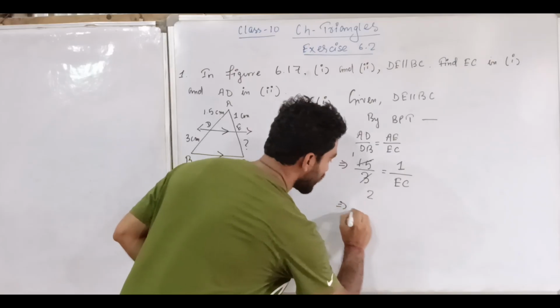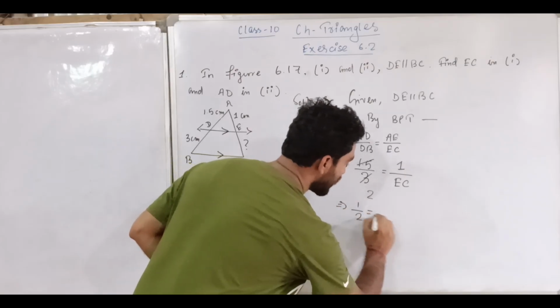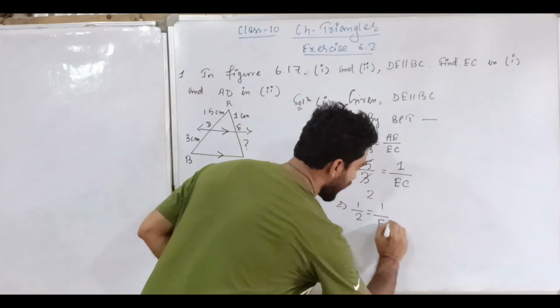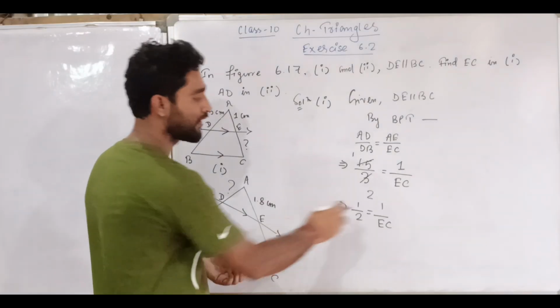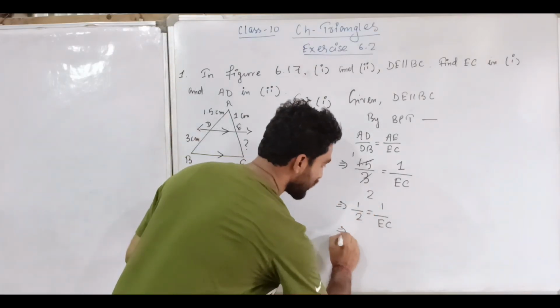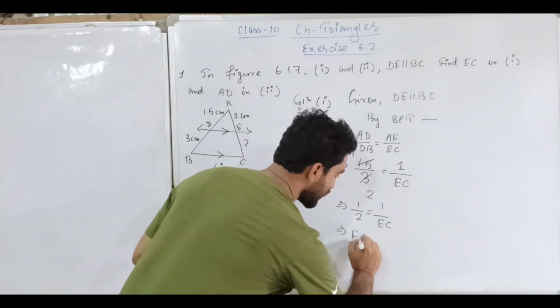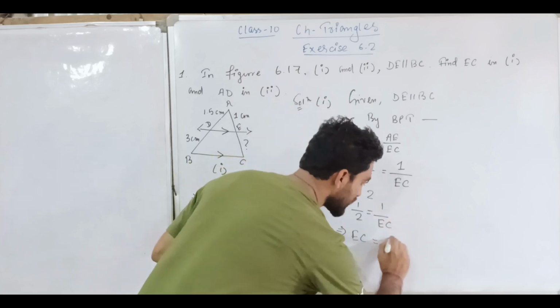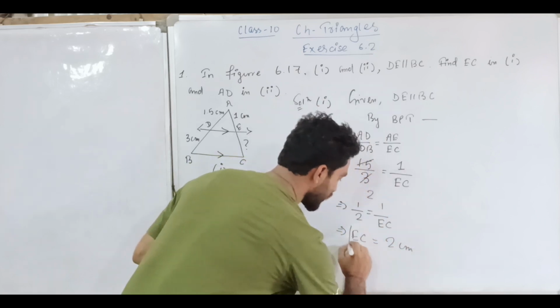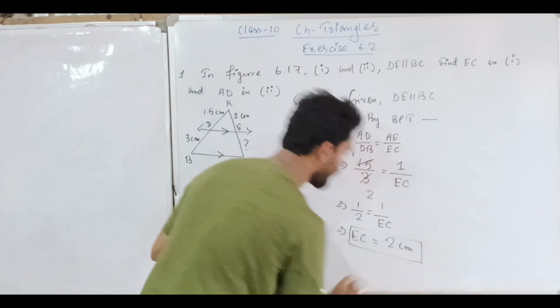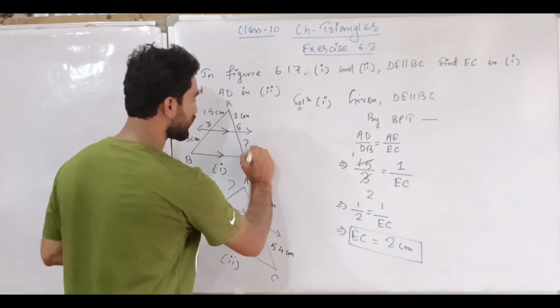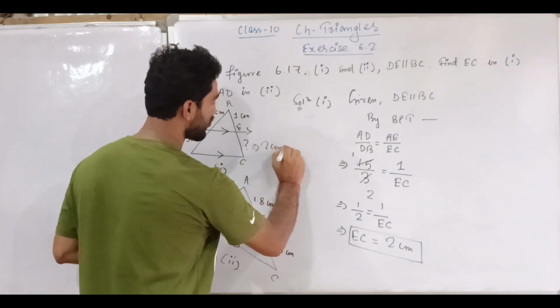So this will be 1 by 2 is equal to 1 divided by EC. Now cross multiply. EC into 1 is EC and 2 into 1 is 2. So EC value is 2 centimeter.